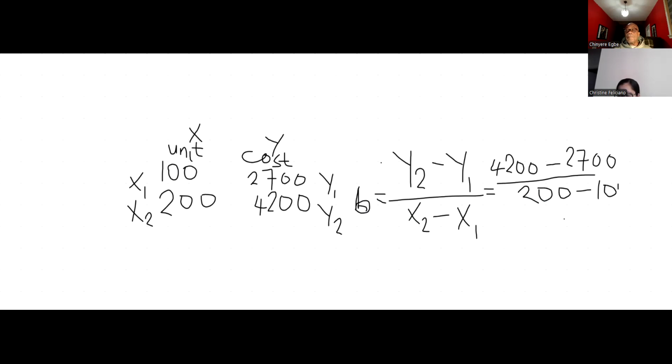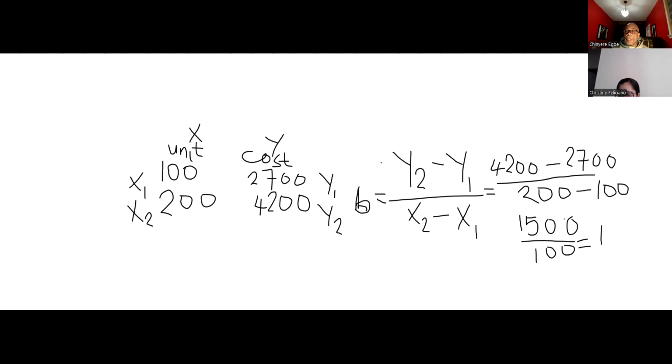Are we correct? Okay. And so now 4,200 minus 2,700 is 1,500. Divided by 100, which gives you 15. So B is equal to 15.